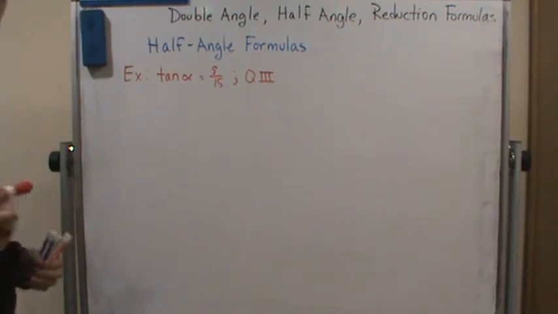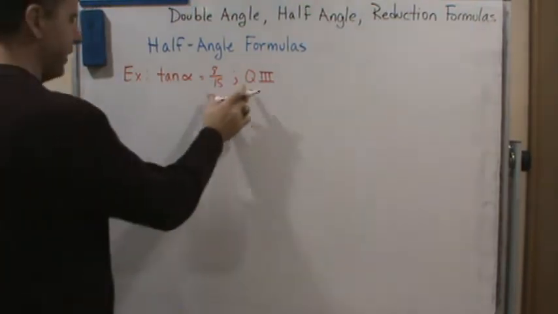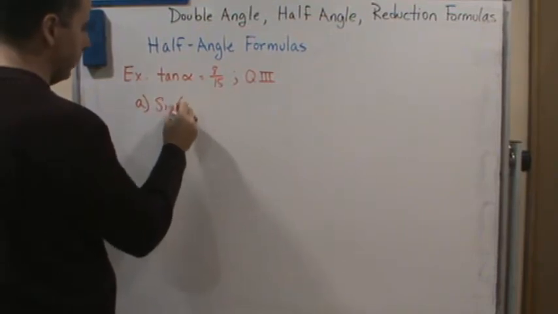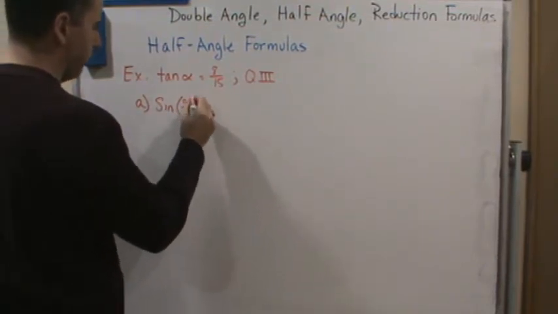What they want us to do is find certain trigonometric functions. The first thing they want us to do is find sine of alpha over 2.